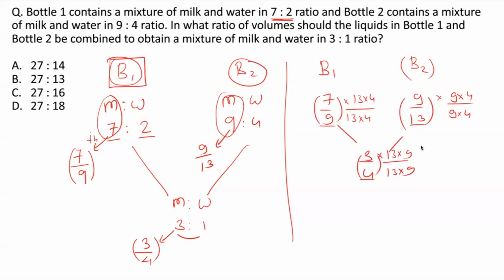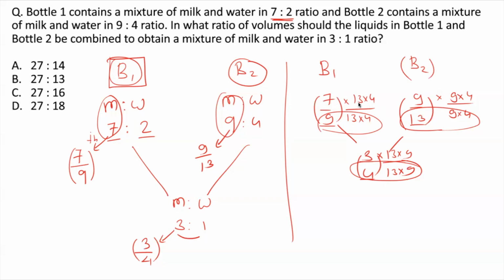As you can now observe, guys, the denominators have been made equal. And once you make the denominators equal, you can directly cancel them out, because once you subtract them using the rule of alligations, the denominators will obviously get cancelled out. So I can now only focus on the numerators and write the alligation with respect to them.